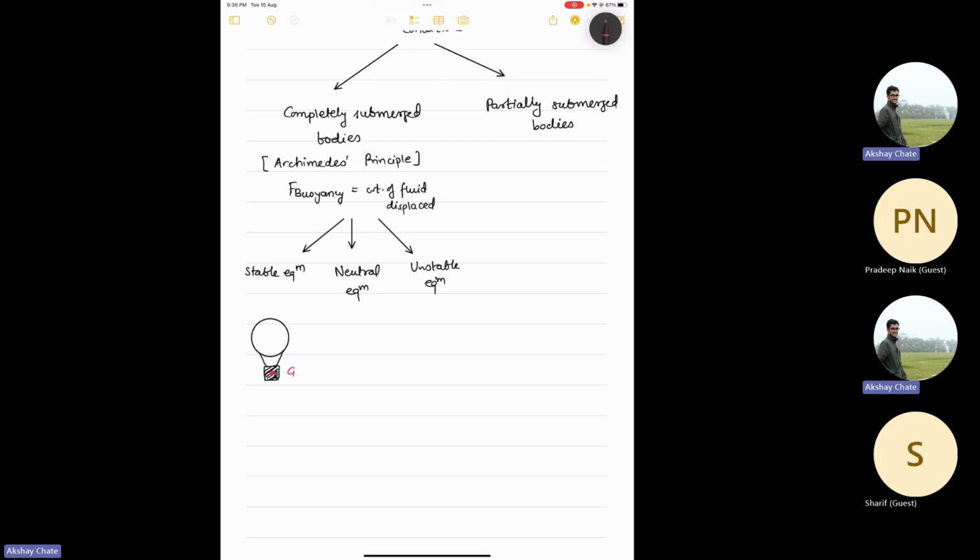There is something called the center of buoyancy, which is represented by this point B. It is the point at which buoyancy force acts. So at point B there will be buoyancy force, and at point G there will be gravity force, which will be equal to mg.